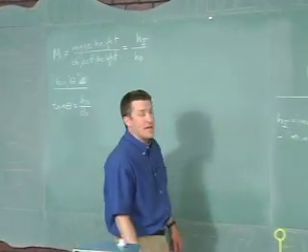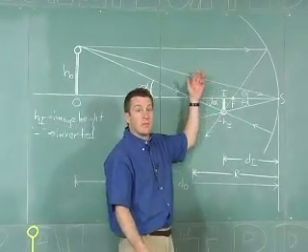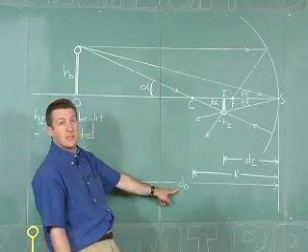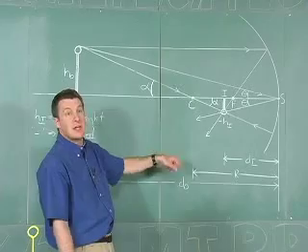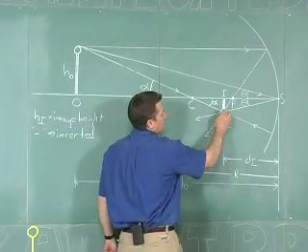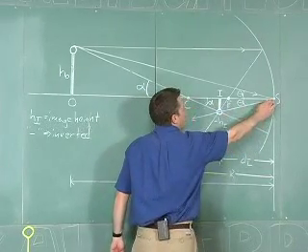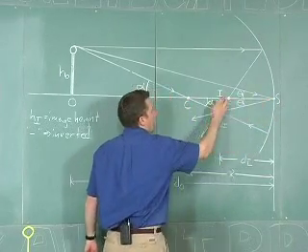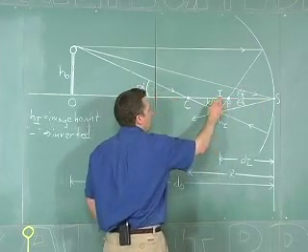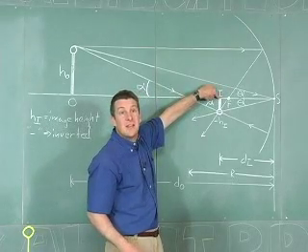Now let's look at the image. We've been using the object to get the change from object height to object distance. Now we need to convert image height to image distance. So that triangle is going to be this one. It starts at the object, goes along this reflected ray, and back along the principal axis. So you can see this little triangle right here. And again, we want to find the relationship between height and distance.